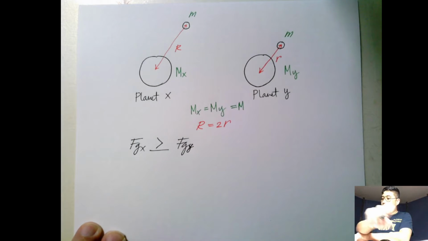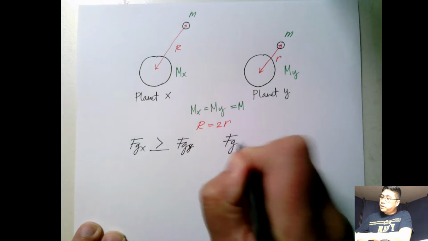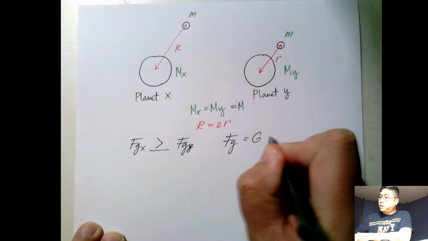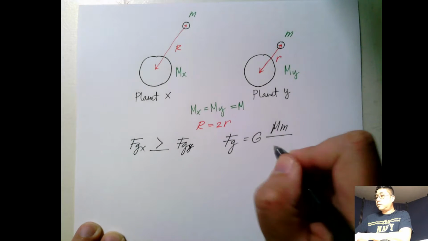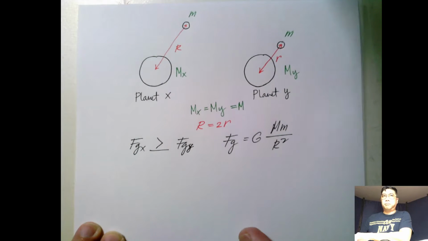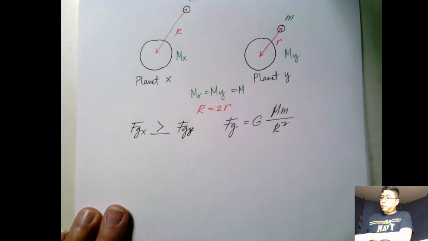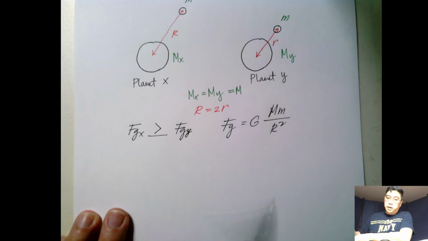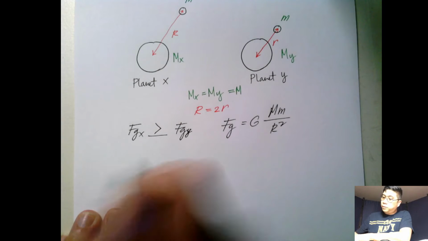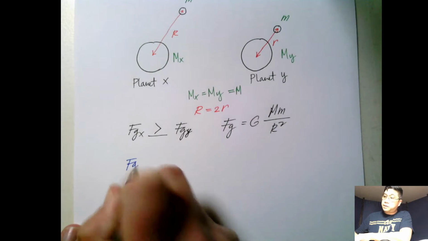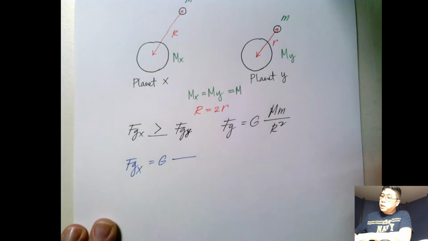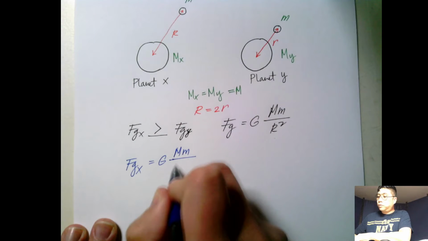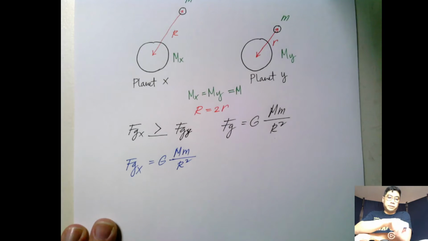Again, we can use the universal law of gravity, which states that the force of gravity is equivalent to G, the mass of the bigger object multiplied by the smaller object's mass, divided by the square of the radius. So we can start by plugging in the information that we have. Fg of X is equivalent to G M m over the square of their distance.